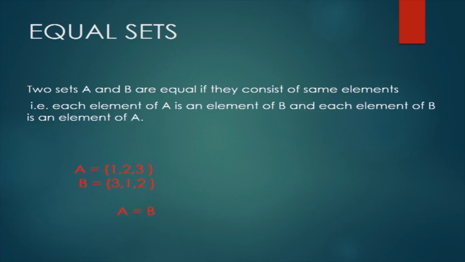That is, each element of A is an element of B and each element of B is an element of A. For example, A has 1, 2 and 3 as elements and B has 3, 1 and 2 as elements. Then set A is equal to set B as both have same elements.